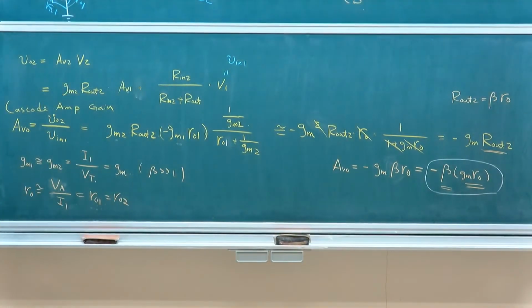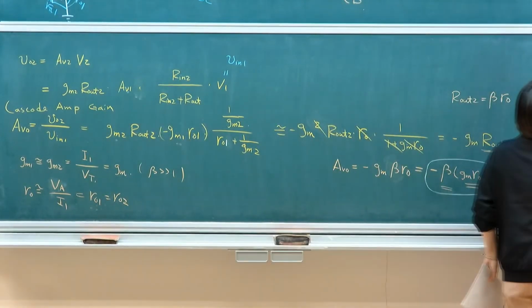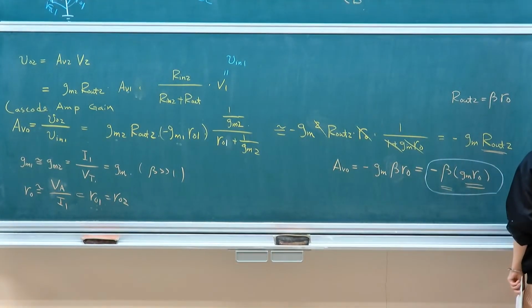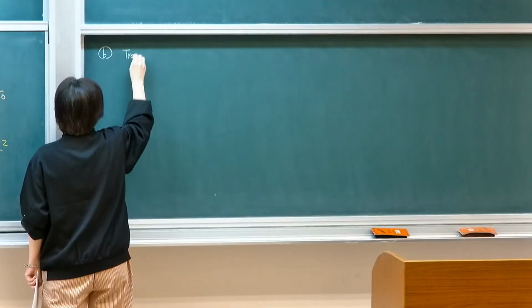Okay? So this is when you use a two-pole model to analyze this type of circuit. Another way of looking at this is to look at the circuit as a transconductance amplifier. As I said, for transconductance amplifier, you can use two-stage analysis.